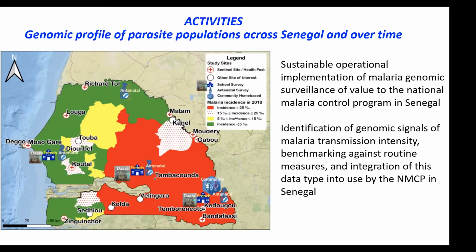In parallel, we are also doing community investigation, meaning we have been selecting several sites in the burden area in Tambacounda, Kedougou, in the north in Chess, in Touba. So many sites, including clinical and communities, were done. And we have also been working for many years on clinical surveys. So next slide, please.